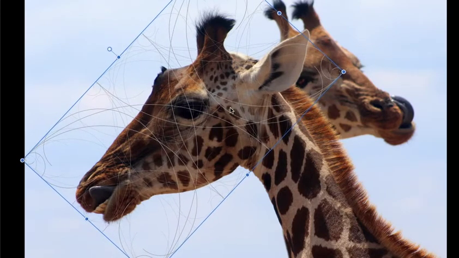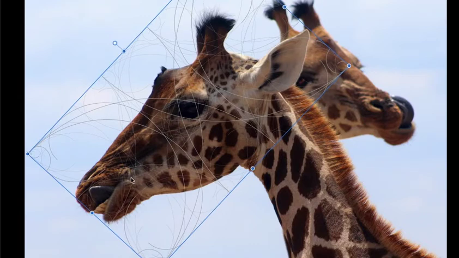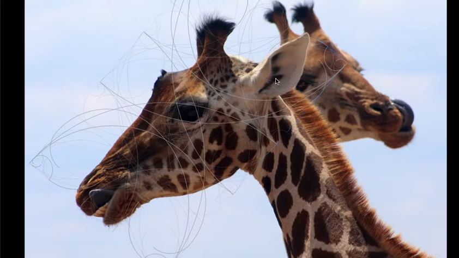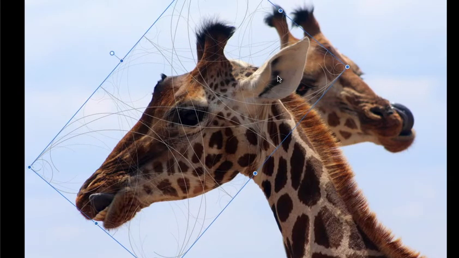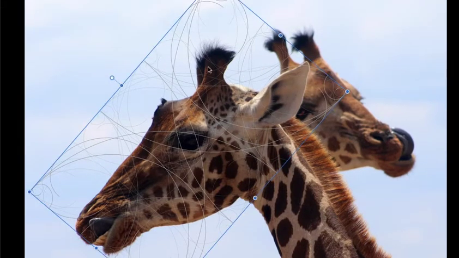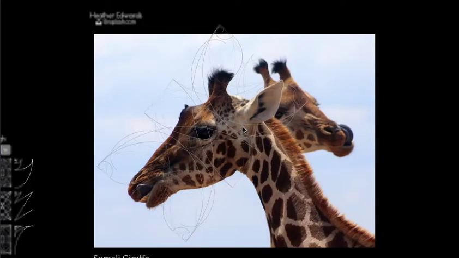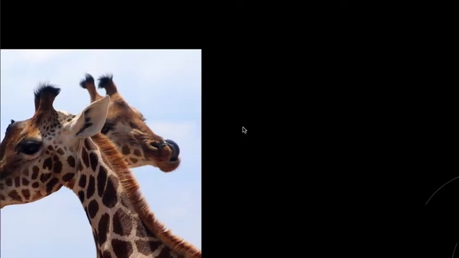Yeah, and this one it's putting the mouth in the center and the void in the center. And fairly routinely just marking all of these different points. Yeah. So there you go.